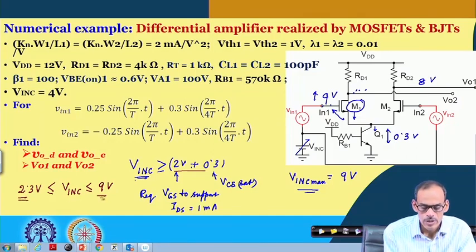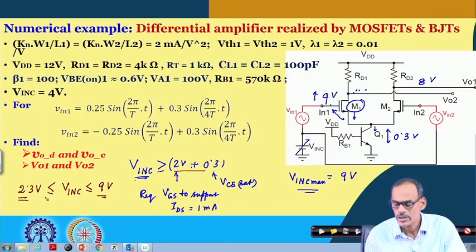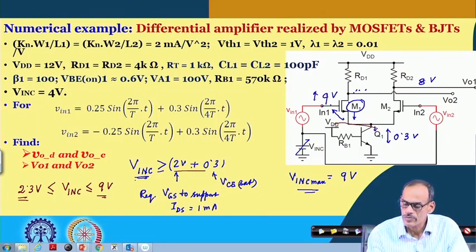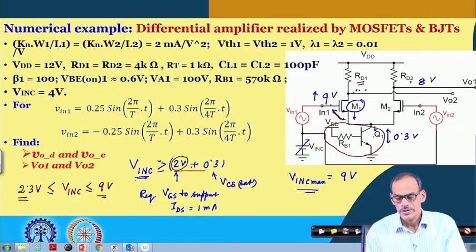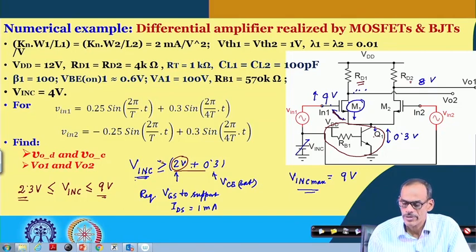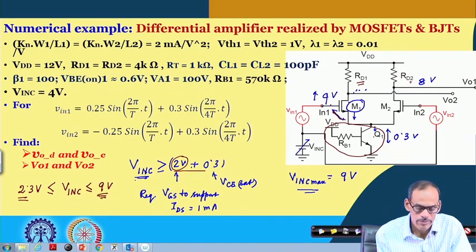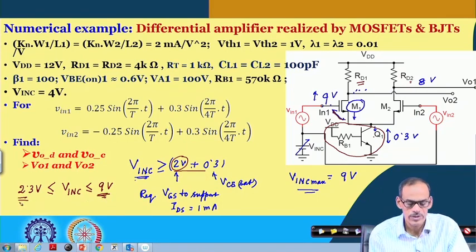Of course, this upper and lower limit depend on how we are setting this current, what is the value of these resistances, and to support this current what is the required VGS, basically this part. Okay. So, now in this circuit at least we have a better definition of input common mode range, a strict limit of the input common mode voltage.